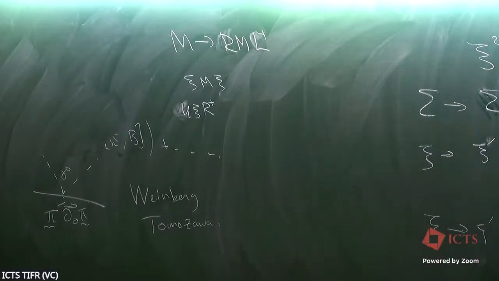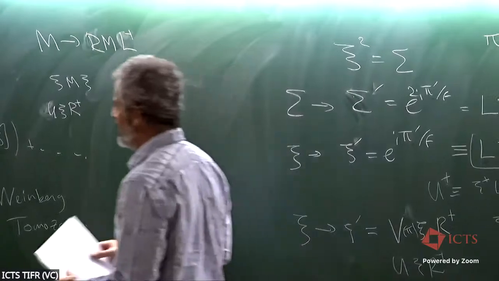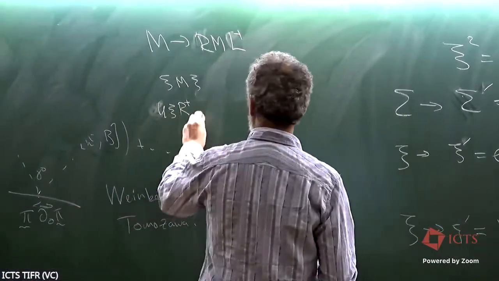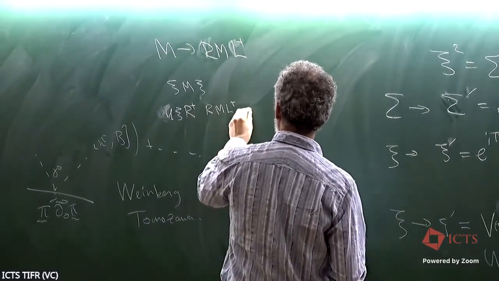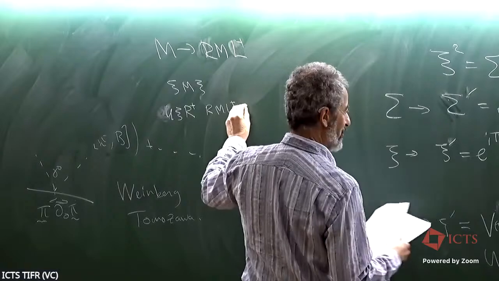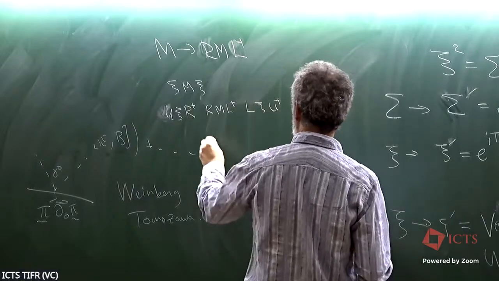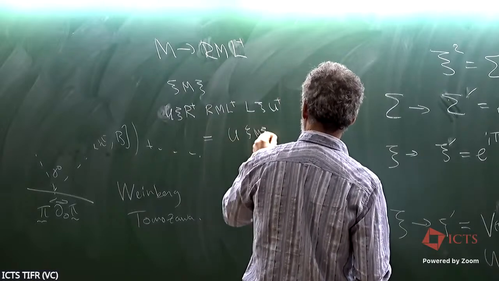So I've got this, and I've got U C R dagger. Right, so this goes like U C dagger, M goes like R M L dagger, and then I put a C here, which I take the other transformation law for the C, which is R C U dagger. And so this is equal to U C M C U dagger.